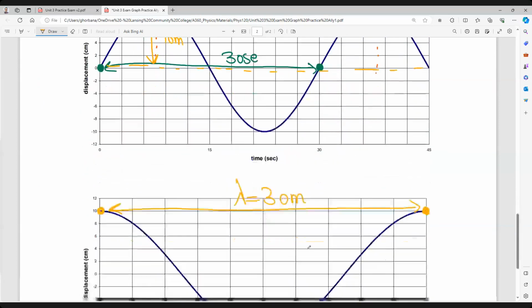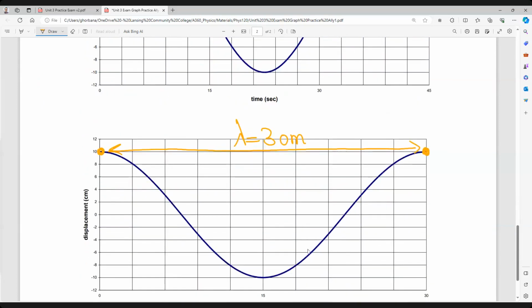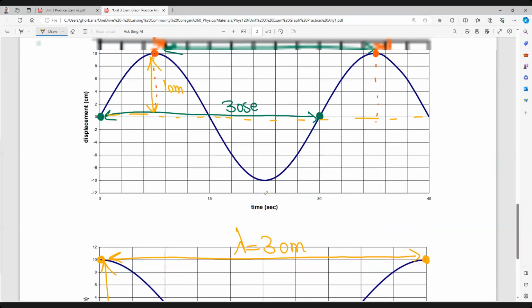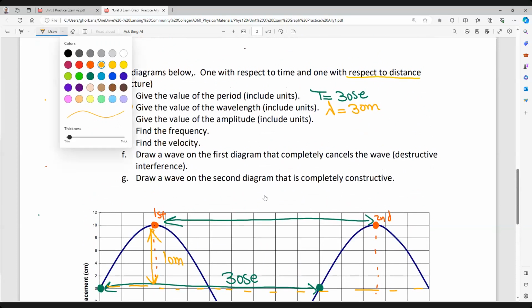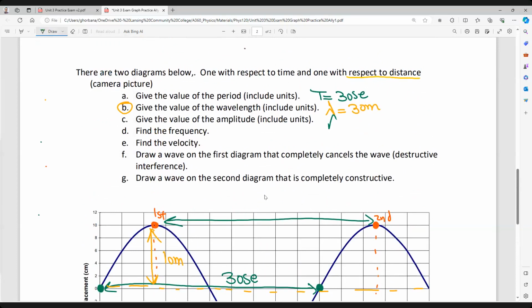Let's see the second one as well, to the crest or to the trough. Both are 10. So the amplitude for this question is going to be 10 meters.